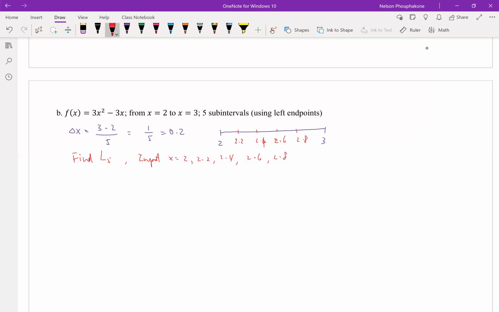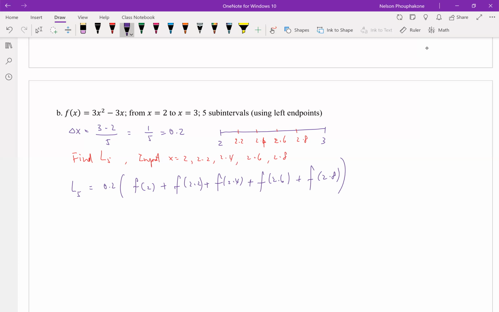So my L sub 5 is the delta x, 0.2, times f of 2 plus f of 2.2 plus f of 2.4 plus f of 2.6 plus f of 2.8.